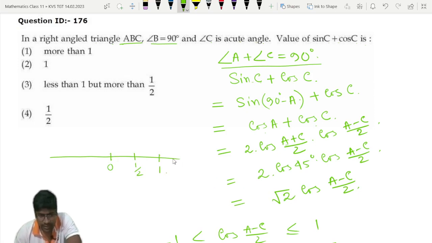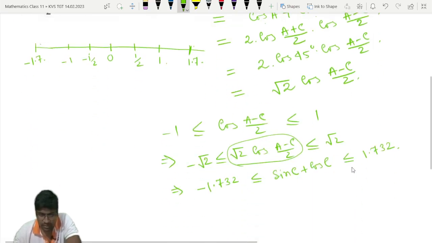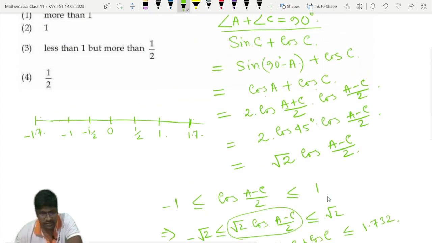Okay, and 1.5, 1.7 will be somewhere here. And on this side also, this is minus half, this is minus 1, and this is minus 1.7. So whatever condition we have got, the value will lie between minus 1.7 and 1.7. So this is the range.